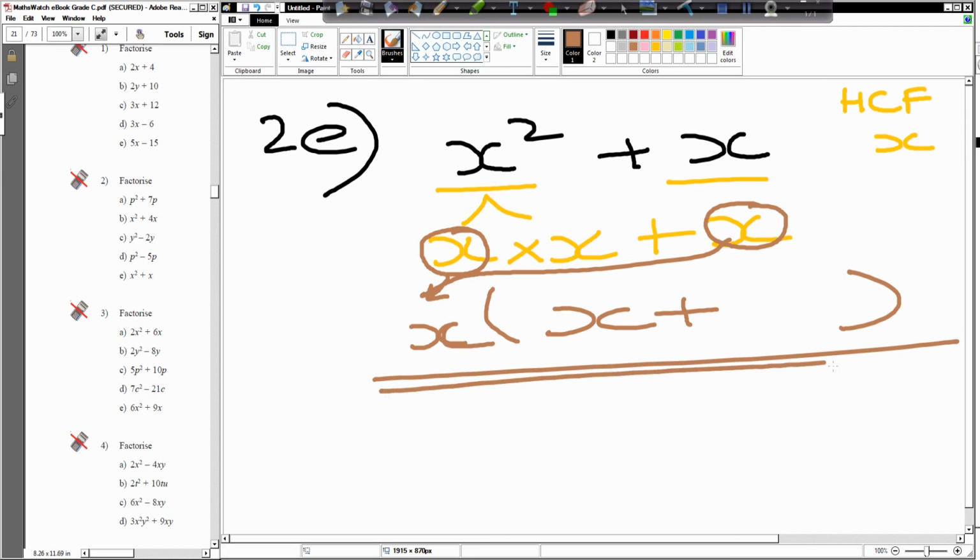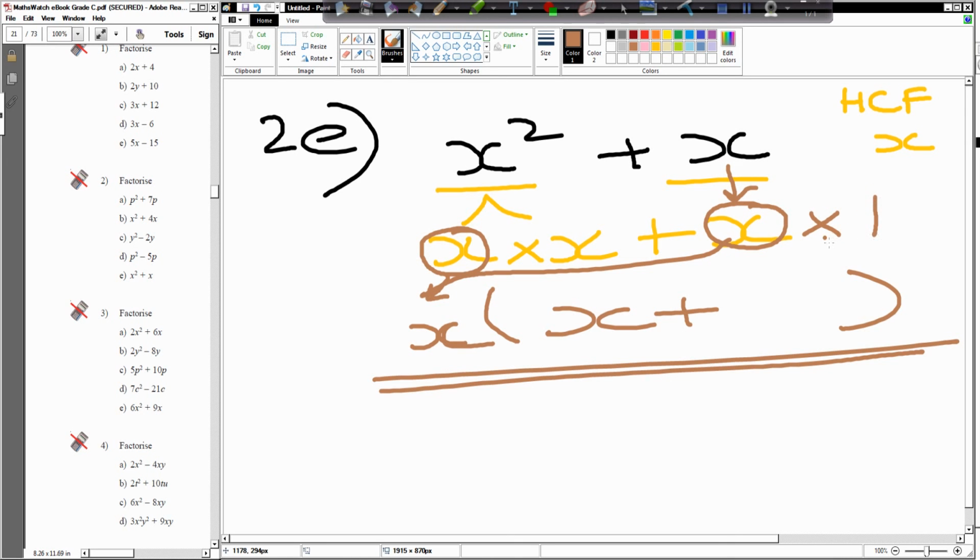This is the answer given by some students on the examination paper. Now, because the x is the full factor here, when we split up the x, we can't write it down as just x by itself. When we factorize this x, x is written as x times 1.